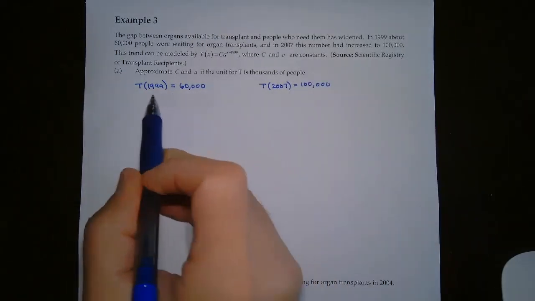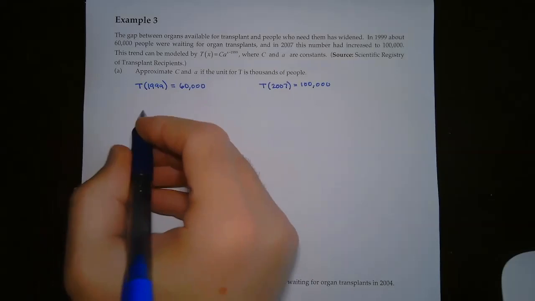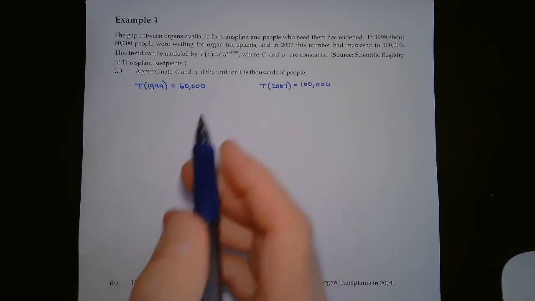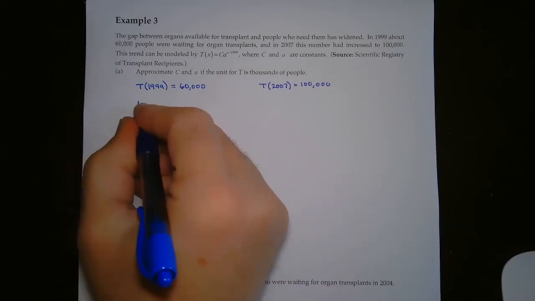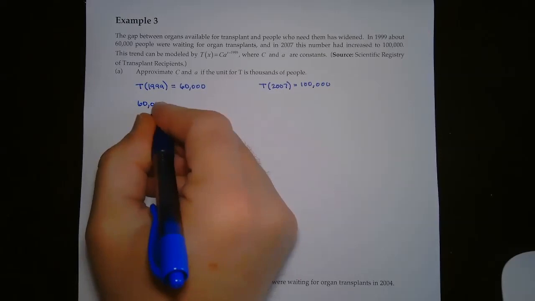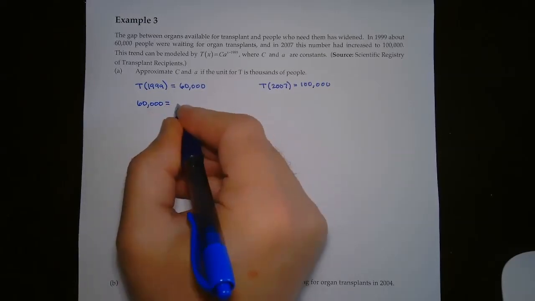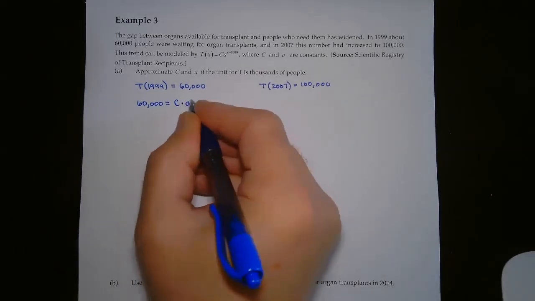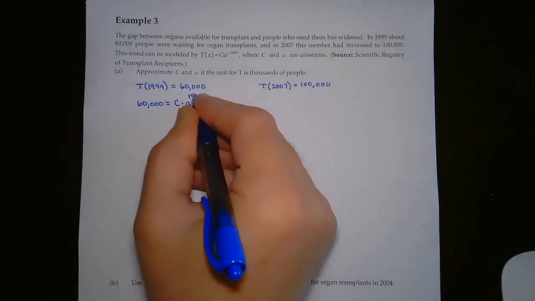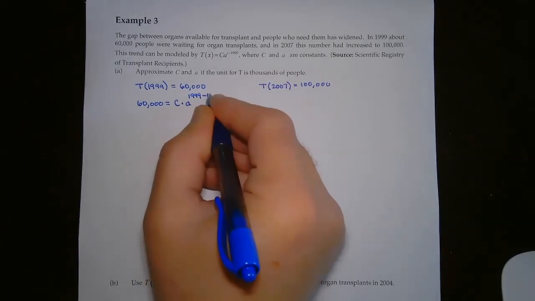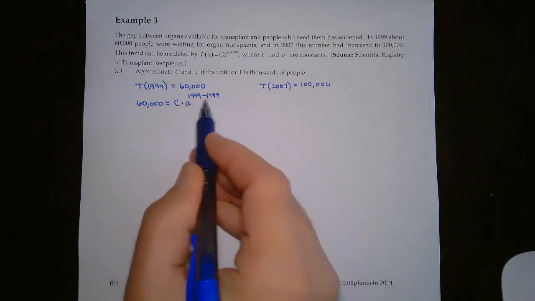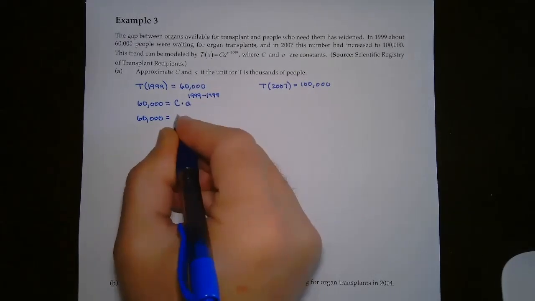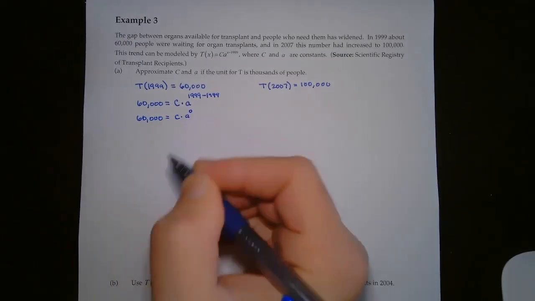Putting 1999 into the function for X, we know we're going to get out 60,000 people. So 60,000 is equal to C times A raised to the 1999 minus 1999, so that's going to be 0. So 60,000 is equal to C times A to the 0 power.